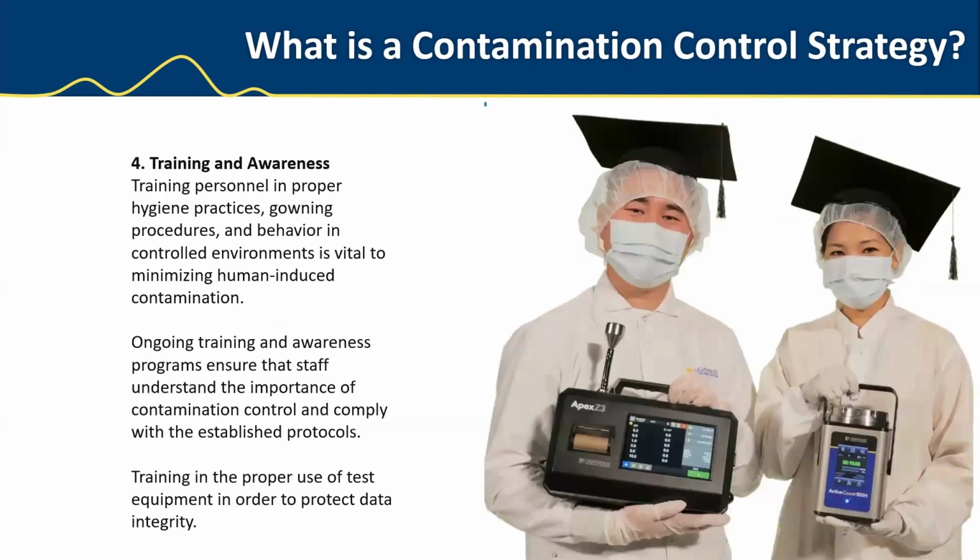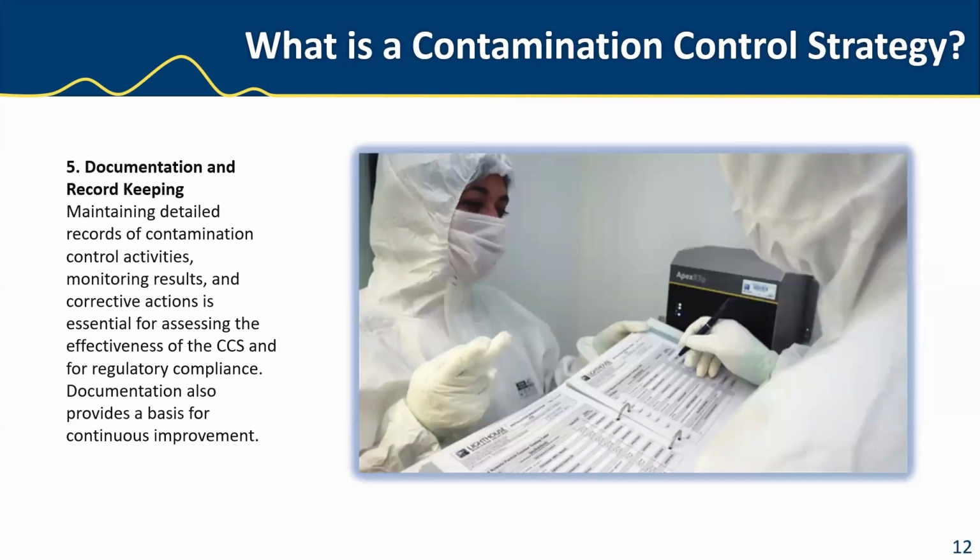Alongside with that is the training and awareness. Training the personnel on the equipment, on the processes, on themselves, on the proper aseptic technique, the technologies that they're using. And it all will help with developing a more robust contamination control strategy. Documentation and record keeping.